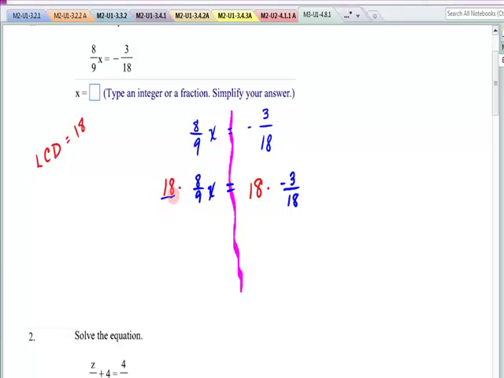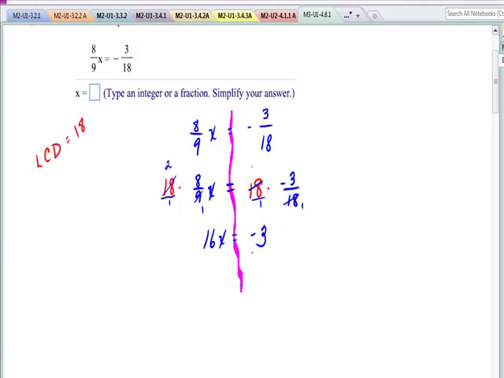This 18 is really over 1. 9 goes in there once, 9 goes into 18 2 times. That's going to happen because the red 18 is the least common denominator. So now what do I have left? I have 2 times 8 times x, which is 16x. On the right side, the red 18's over 1, 18 goes in there once, 18 goes in there once, and that leaves me with simply a negative 3.